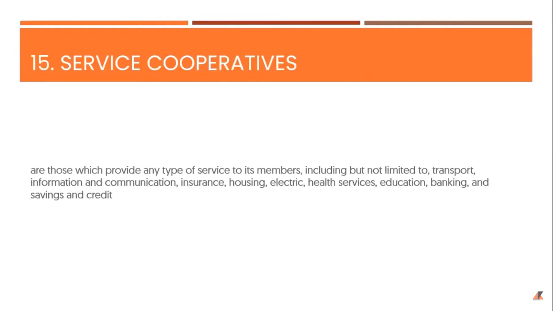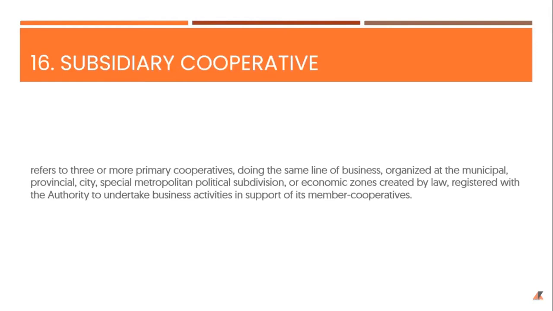15, we have service cooperatives. So these are those which provide any type of service to its members, including but not limited to transport, information and communication, insurance, housing, electric, health services, education, banking, and savings and credit. And lastly, we have subsidiary cooperative.